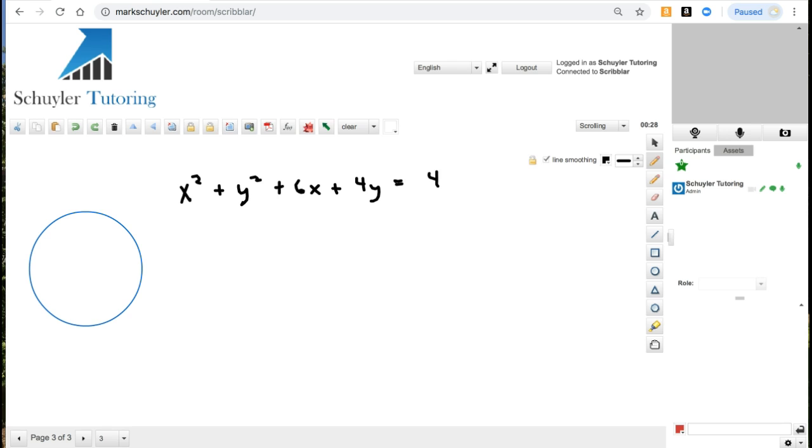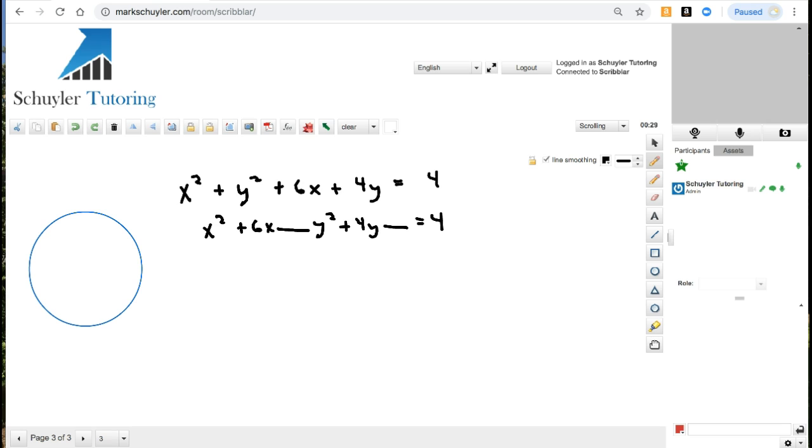So the first thing I would do is some grouping. I would get the x's close to each other, I think that's a smart thing to do, and get the y values close to each other. And remember, we want to leave a little space for being able to complete the square. So let me move this equal sign a little bit over to the right and give myself the room I need.